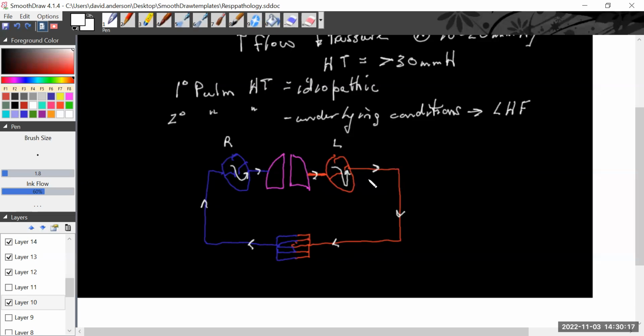So that alone accounts for a much larger afterload and a requirement for the left ventricle to be a stronger pump. And the pulmonary circulation is a much shorter distance, less gravity to deal with, less distance to deal with. And so the afterload that the right side of the heart has to overcome is much less.